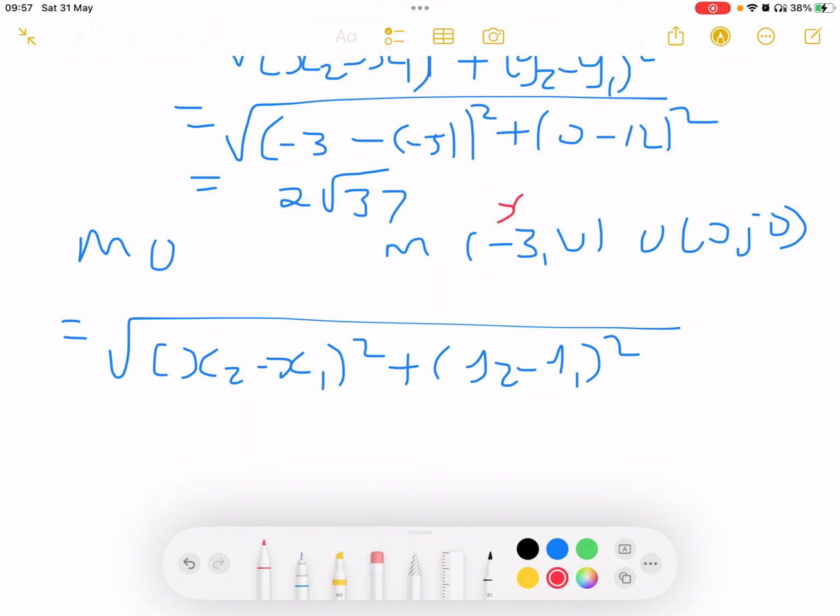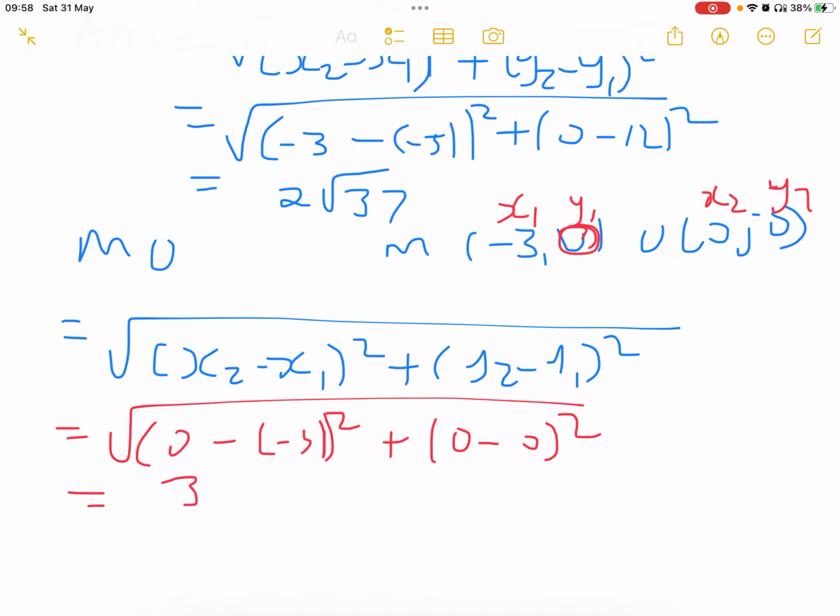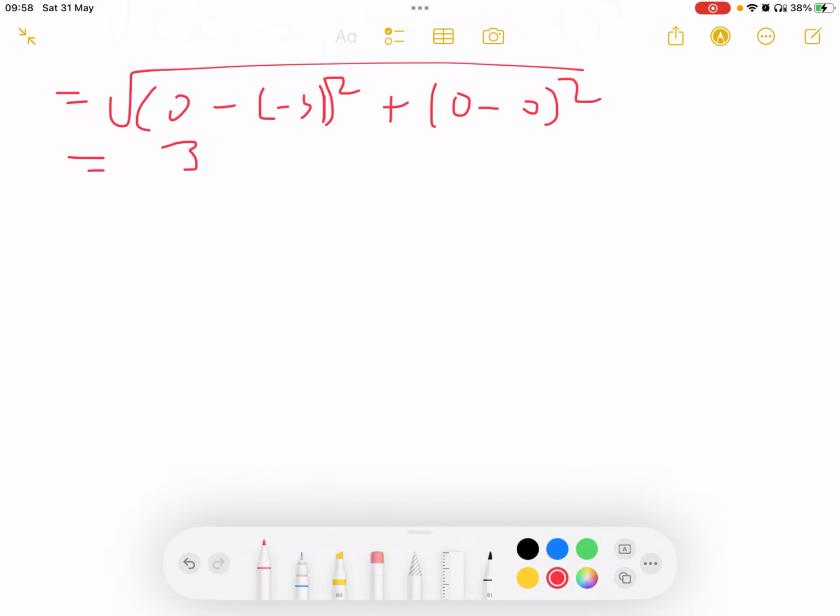And label x1, y1, this is 0, x2, y2. Substitution, this is 0 minus -3 squared plus 0 minus 0 squared, which is equal to 3.